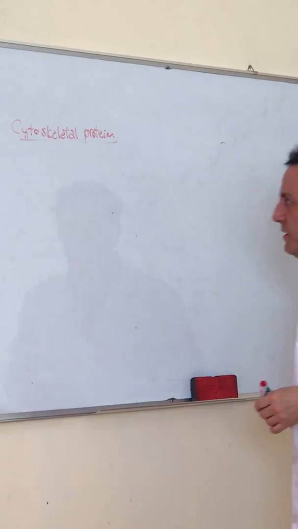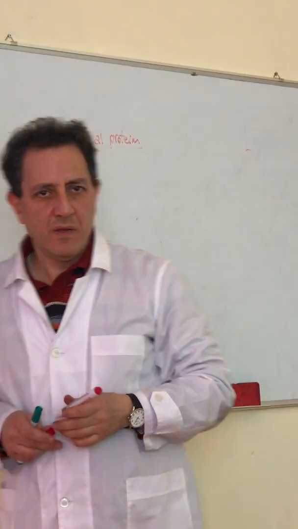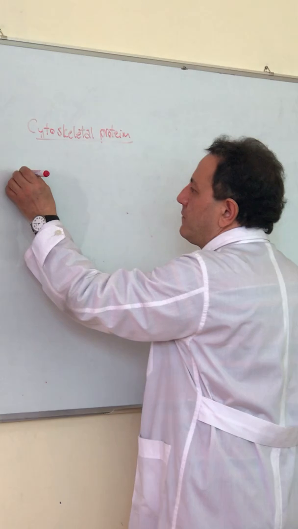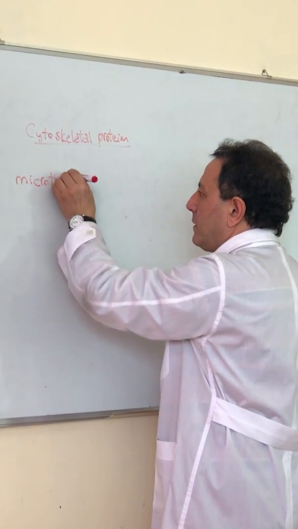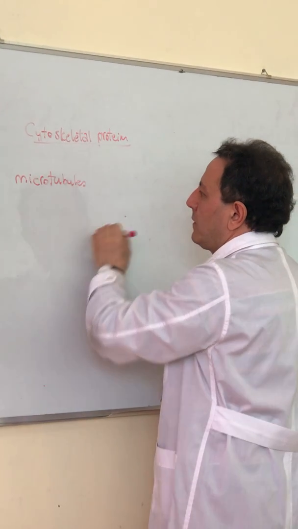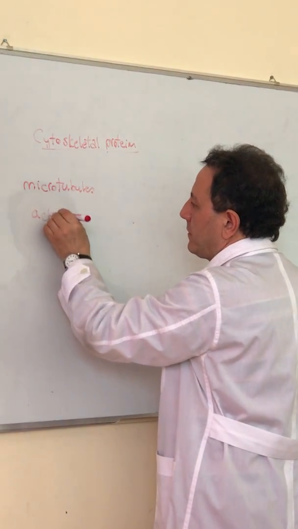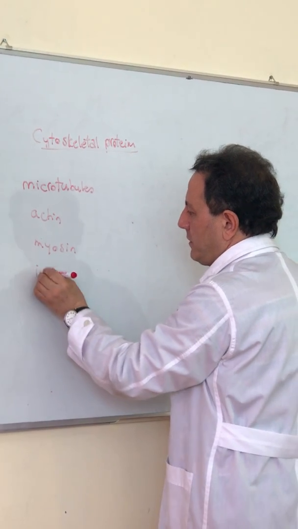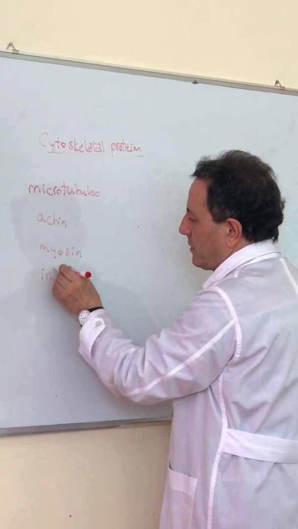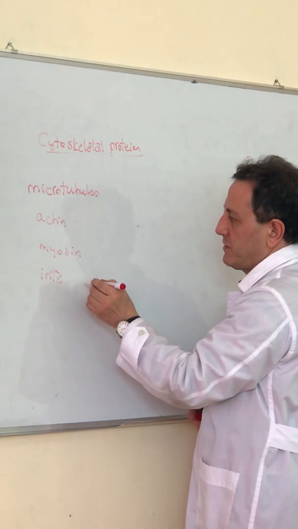Cytoskeletal proteins are proteins that give stability to the cell. For example, microtubules, actin, myosin, and intermediate filaments. They are divided according to their size.